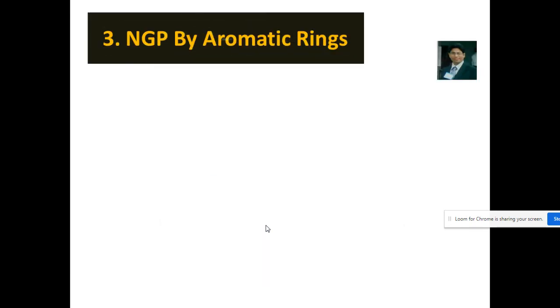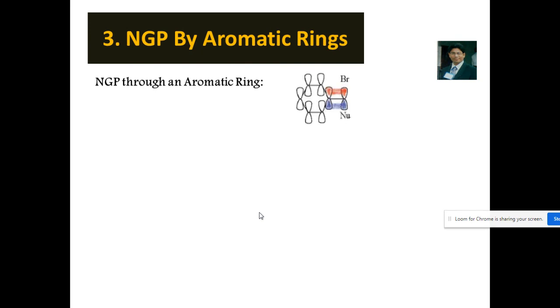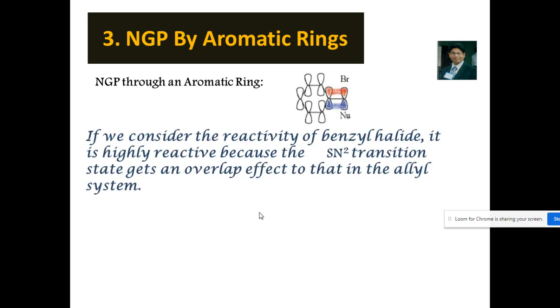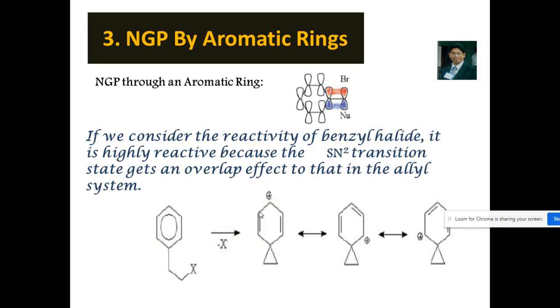Now NGP by aromatic rings. Here is a picture where NGP through an aromatic ring occurs. If we consider the reactivity of benzyl halides, it is highly reactive because the SN2 transition state gets an overlap effect similar to that in the allyl system.